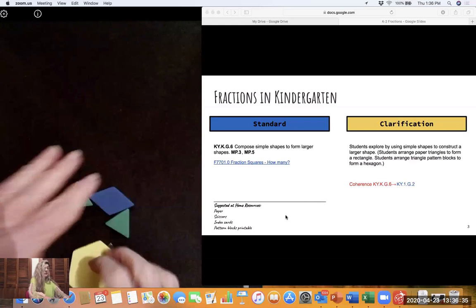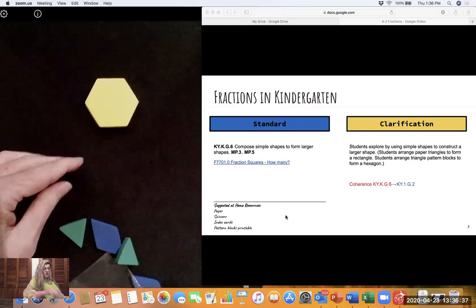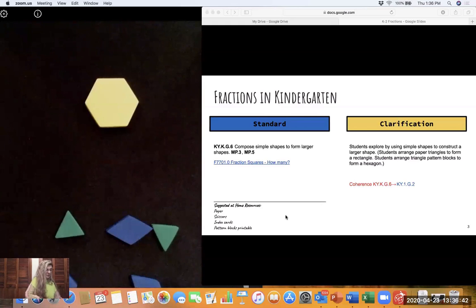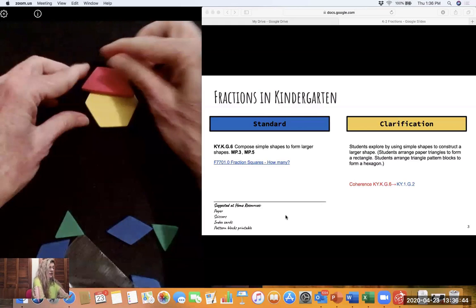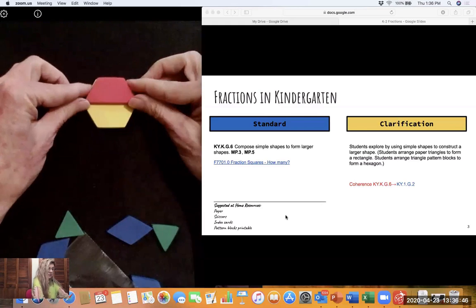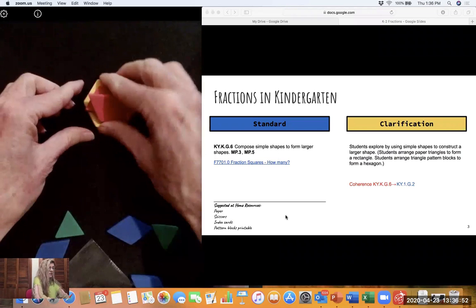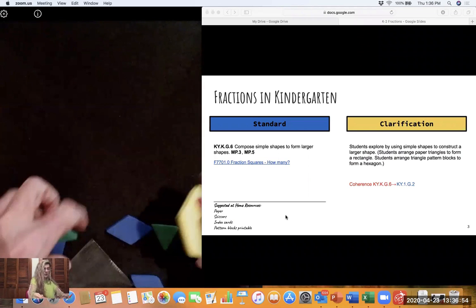And of course, we look at the hexagon, and you can talk about how many trapezoids it would take to build that hexagon, and that type of thing. So that's something you can have the kids work on.